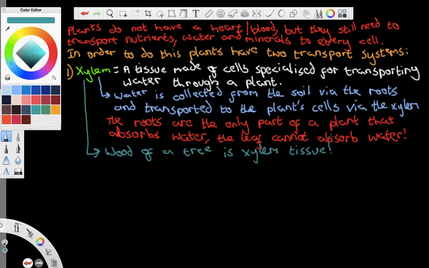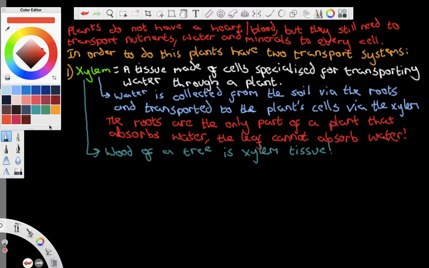Okay, now if you think of the wood of a tree, it feels quite dead, and that's because the xylem cells that make up the xylem tissue are all dead cells that contain a molecule known as lignin, which makes them waterproof and rigid.